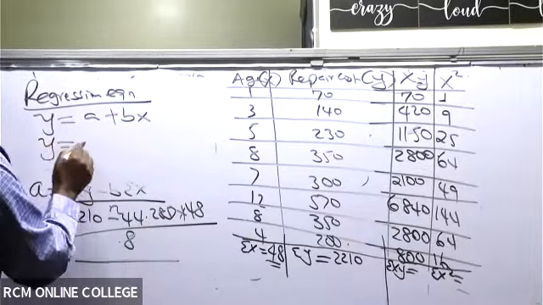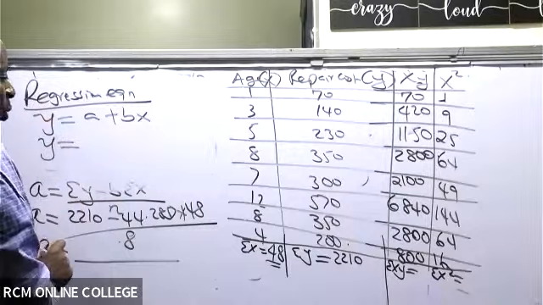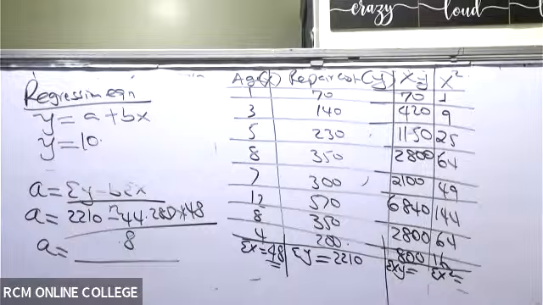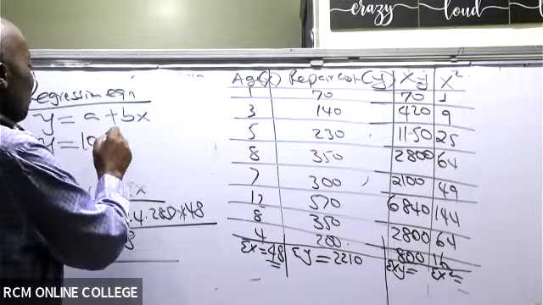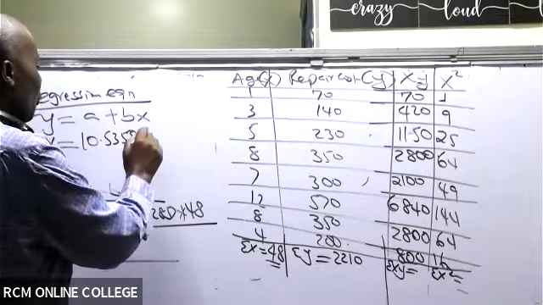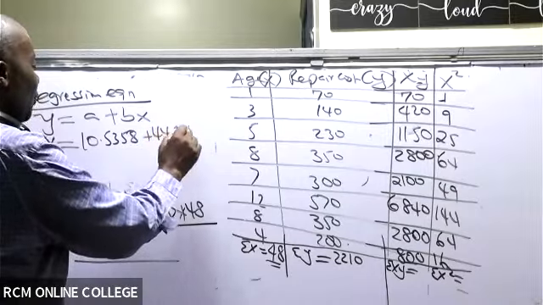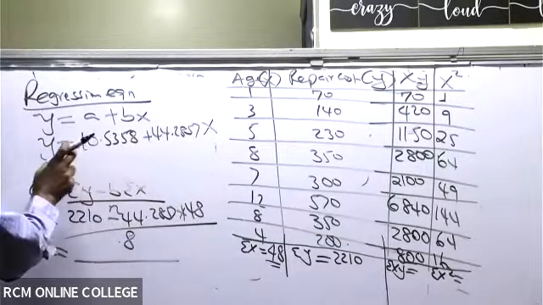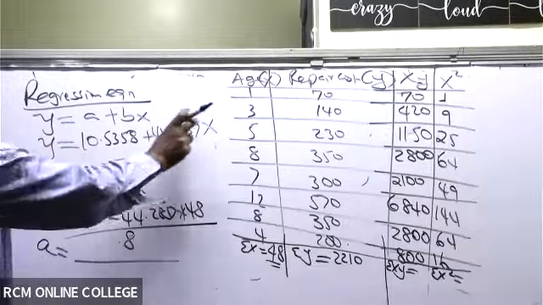So my y will be equal to a, which I remember was 10 point something, 10.5358, plus b, which is 44.2857 x.